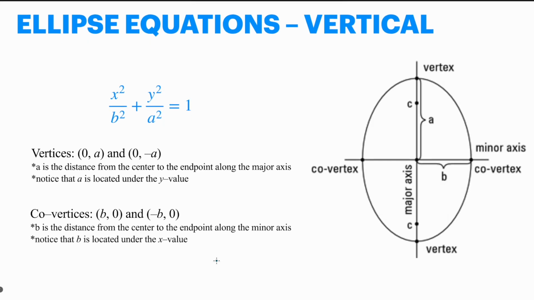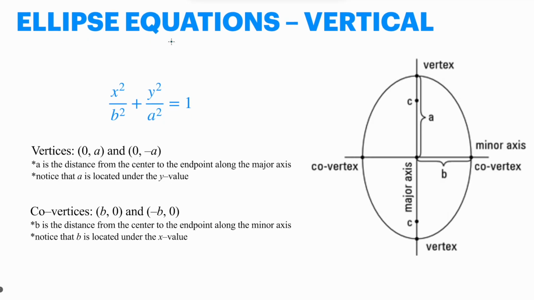If the ellipse is vertical, notice again that it does start with x squared first. You always go x squared to y squared, and it's always equal to 1. But one thing I want you to notice is that B is going first.